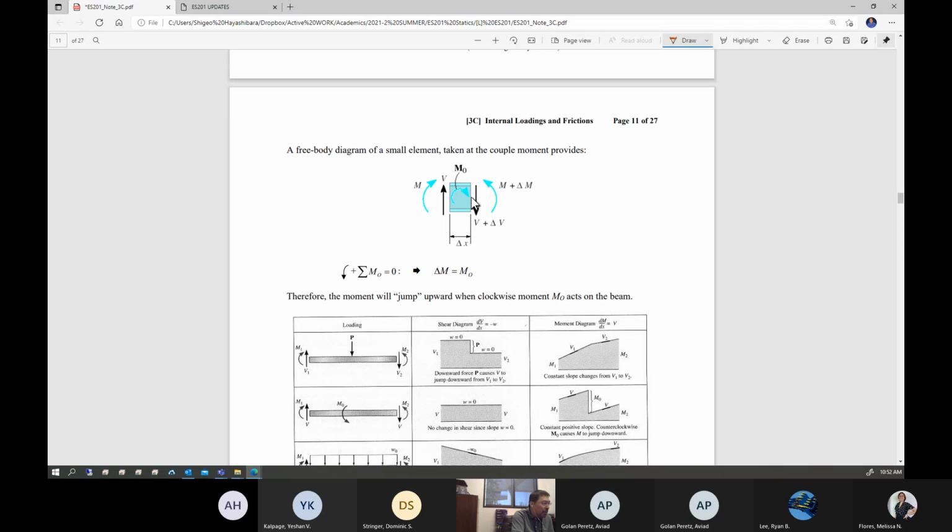If you take the moment at point O right here, the result is delta M is equal to M0, which is the applied moment. This is a point moment. Applied at a certain location, if you apply a moment, you're going to have an internal moment change by the same amount.